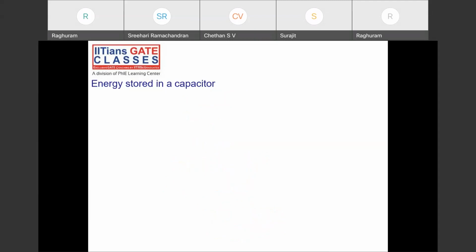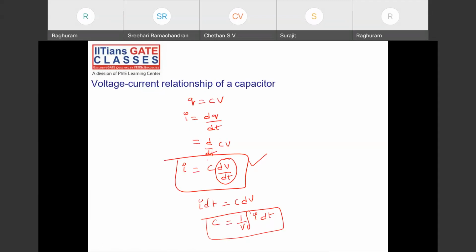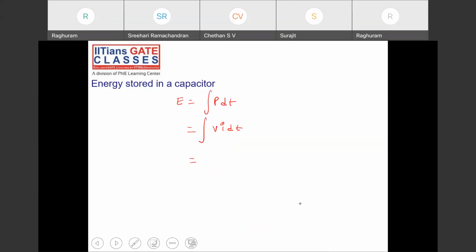Next, energy stored in a capacitor. Energy is integral p dt. P is v into I dt. We have just seen, integral v into c dv by dt into dt.